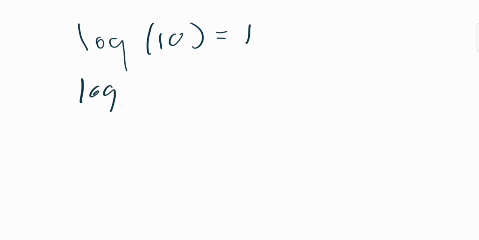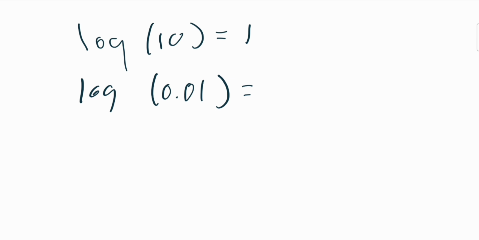Okay, so in logs, let's say log base 10 of 10. This is going to equal 1. But what about log base 10 of 0.01?